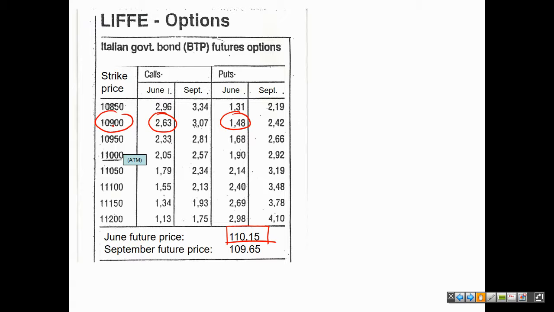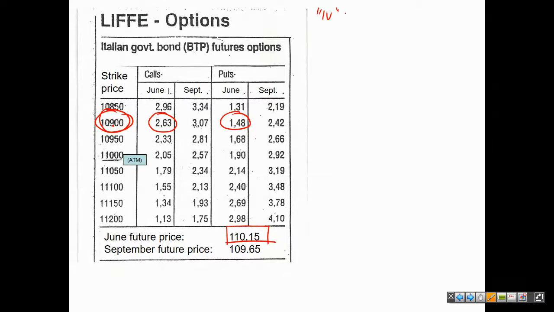The question that I'm asking you is simple. With a strike of 109, which option is in the money between the call and the put? Is 109 a good price to buy or a good price to sell if the market trades 110.15? Is a good price to buy. So the call option has some intrinsic value, okay? Which is the intrinsic value of the call option there?